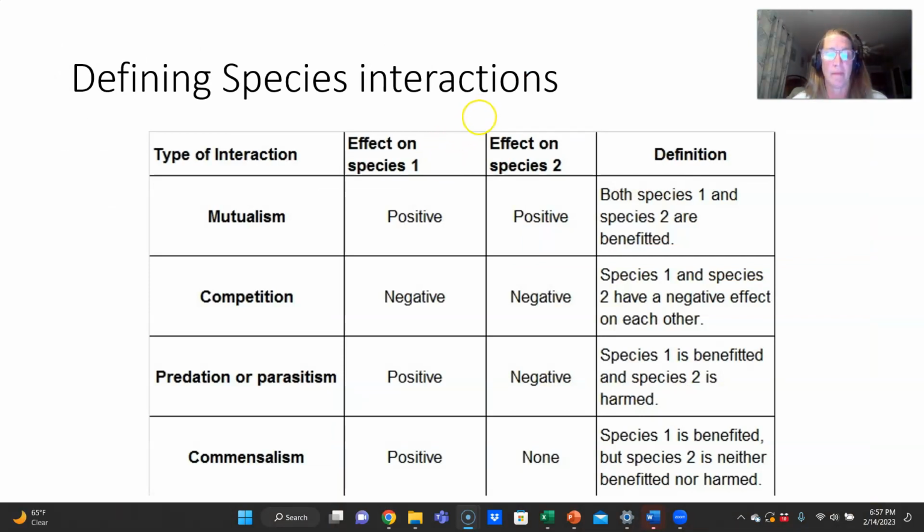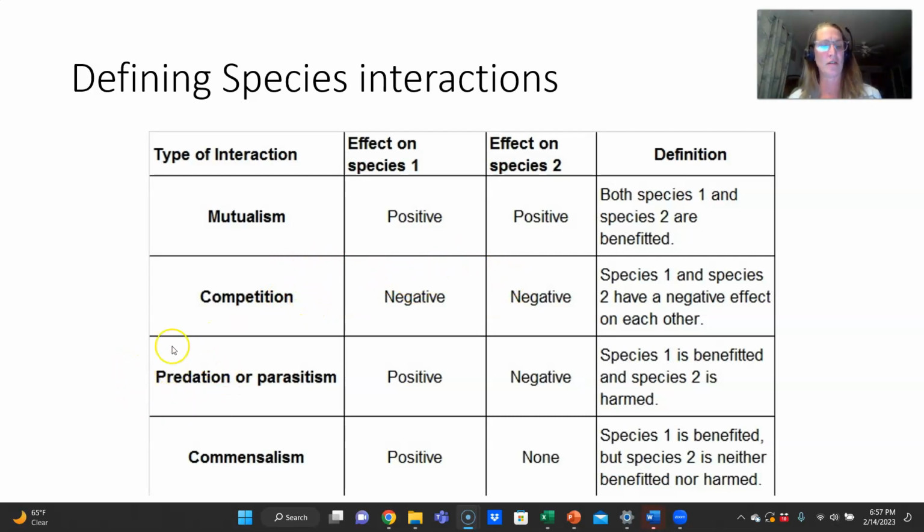So let me just throw this table up here one more time. This is a summary of how the different species are affected in all of these different interactions. And remember, the main interactions were competition, where both species or both individuals who are in competition are negatively impacted by that interaction.